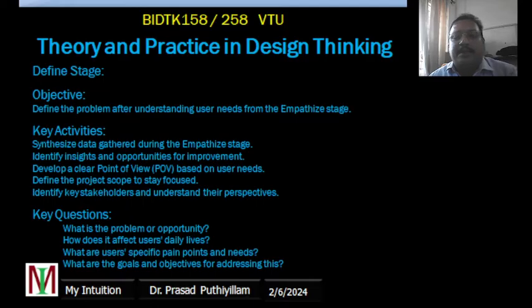The second one is the define stage. In the define stage, the one who is working on that concept has to work on pinpointing and framing the problem after gathering the insights from the empathy stage.